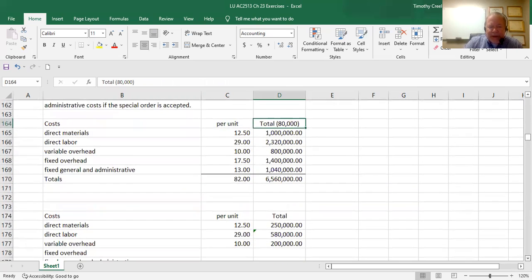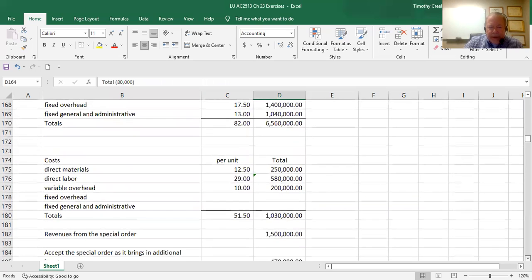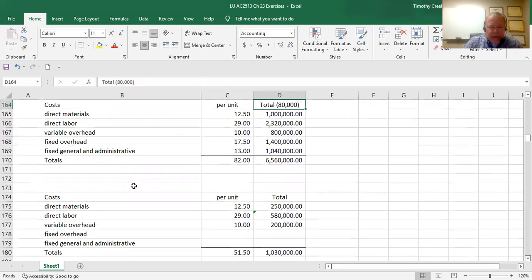So we would come down here and we would say that, okay, if we do the special order, we're going to have direct materials cost. We're going to have direct labor cost. We're going to have variable overhead cost. And so our per unit is going to be $51.50 per unit. Notice no fixed overhead, no fixed general administrative cost.